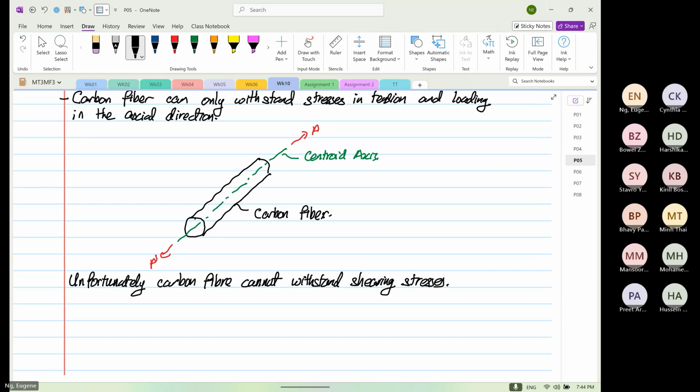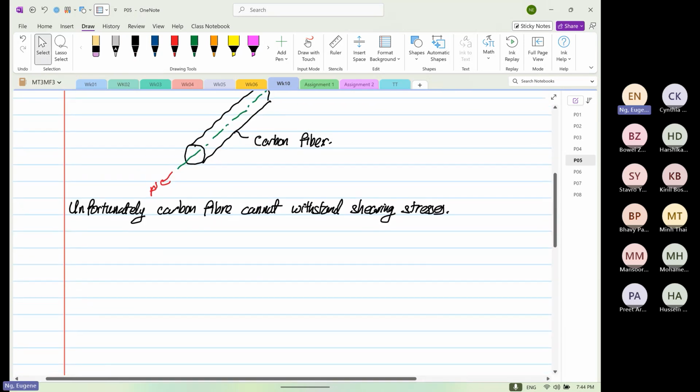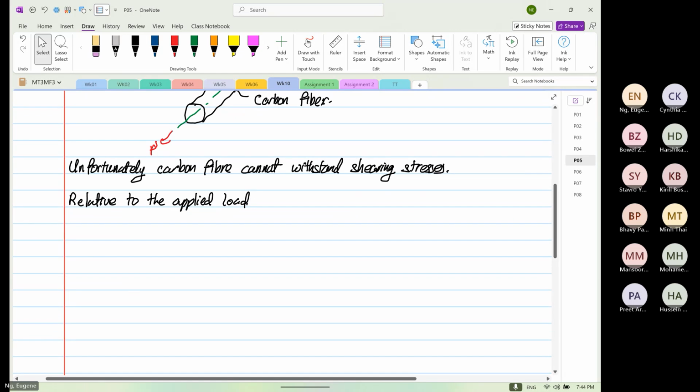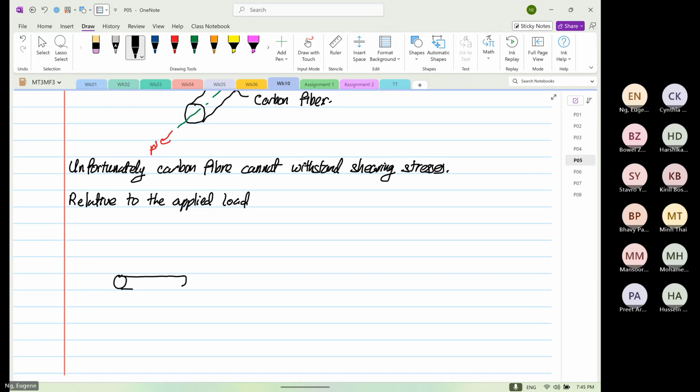So relative to the applied load, if this is our carbon fiber, and this is our applied load, P, we tend to call this 0 degrees.